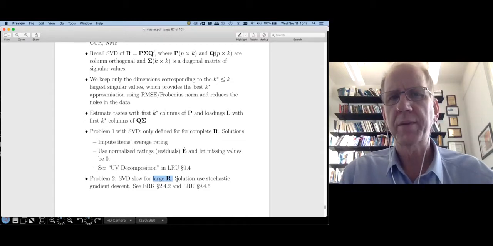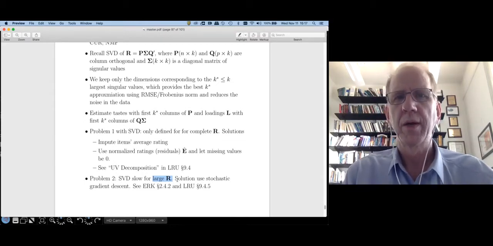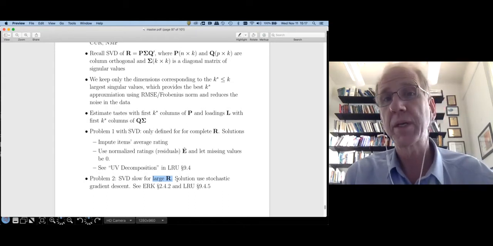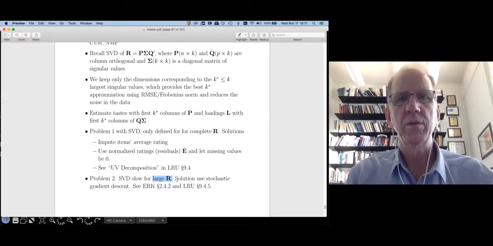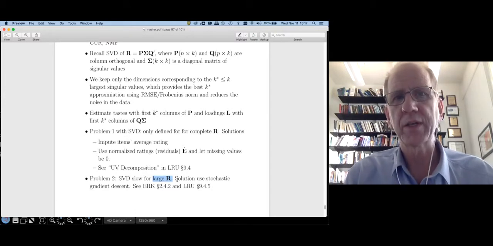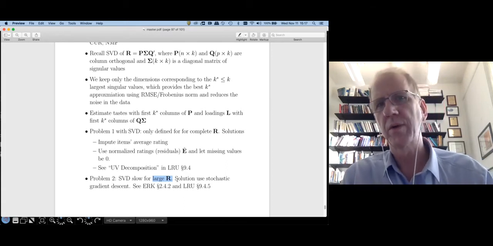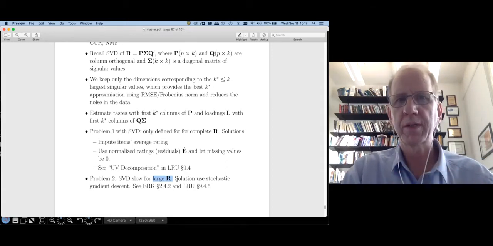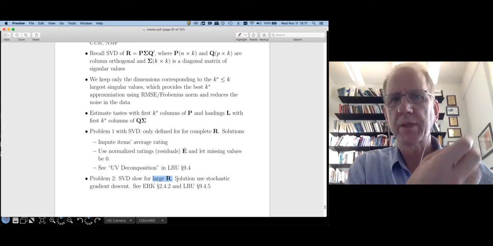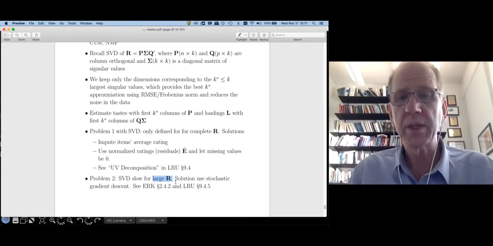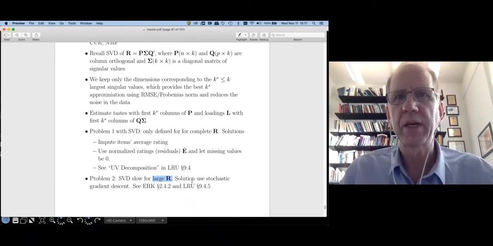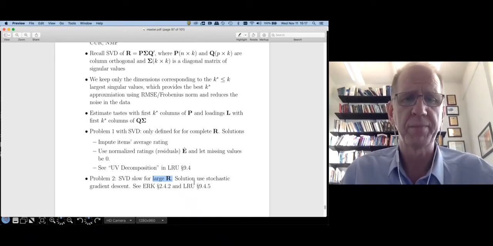So gradient descent provides a way to minimize some objective function like the Frobenius norm. Stochastic gradient descent draws a sample of observations to speed things up, to compute the gradient. So we're trying to minimize this thing. We're going to take hops along the gradient. The gradient shows which way is down. We can compute that gradient using just a sample of data, and that speeds things up.